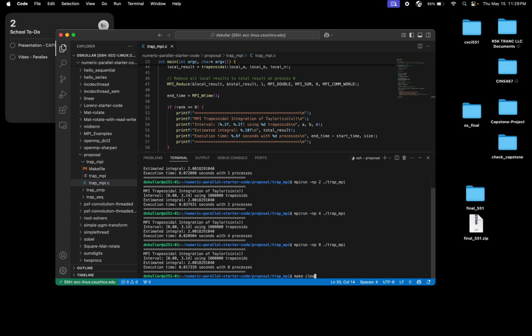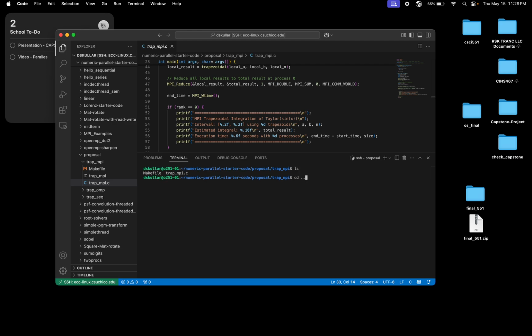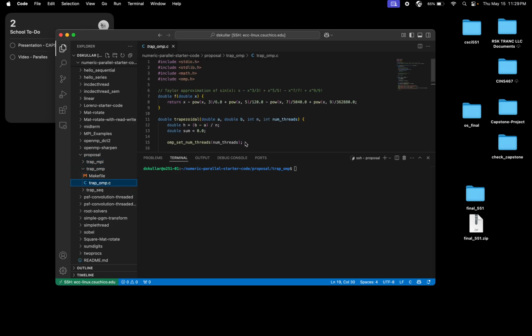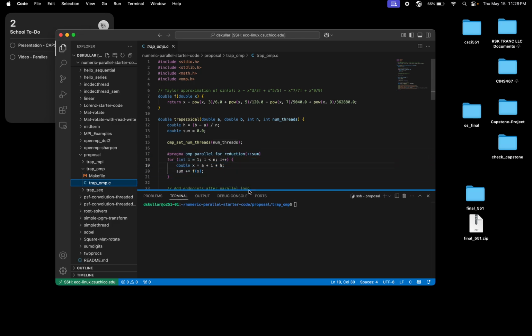Now, let's move on to our OpenMP. Like the MPI version, we integrate the same Taylor approximation of sine of x over the interval 0 to pi.